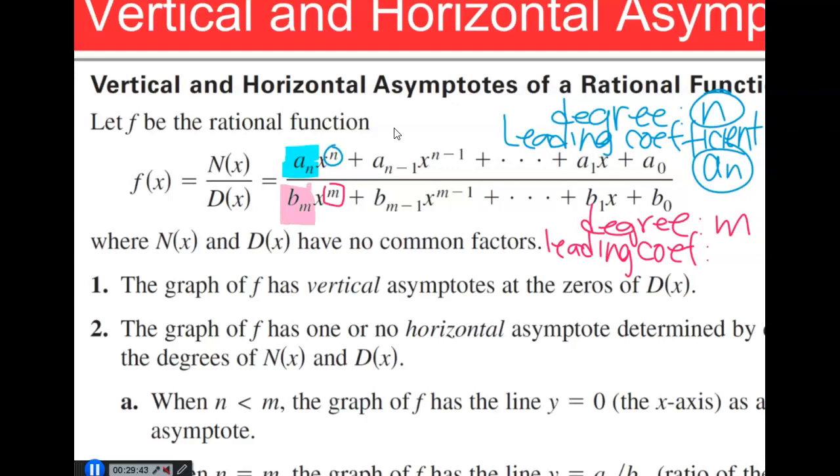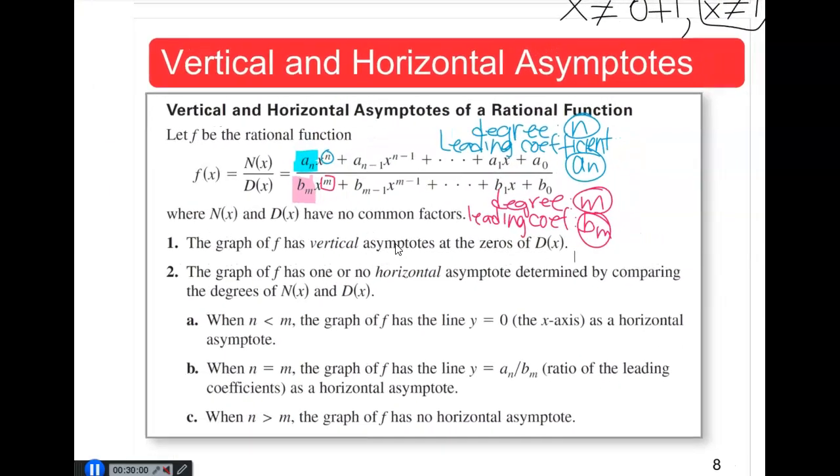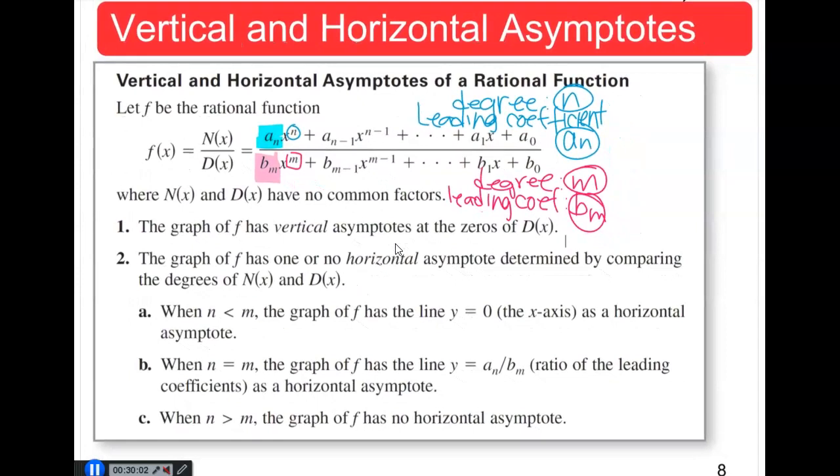The subscript denotes that it goes with x to the power m, the biggest exponent. So that's what we're going to be comparing and using. Also, it's important to notice that the two polynomials have no common factors, meaning that they are already reduced, which we are going to review a little bit.